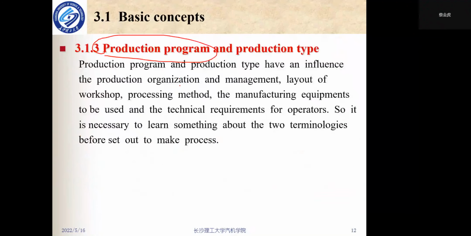The working position. Then the next, production program and the production type. They have an influence on the production organization and management, layout of workshop, process method, the manufacturing equipment to be used and the technical requirements for operators.